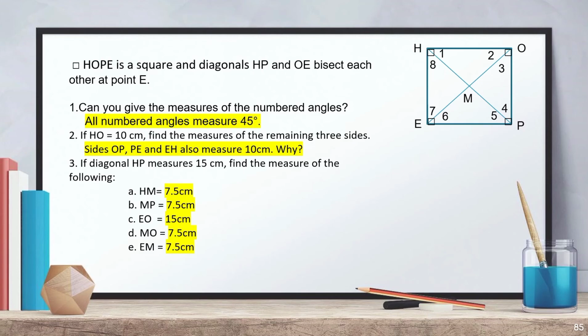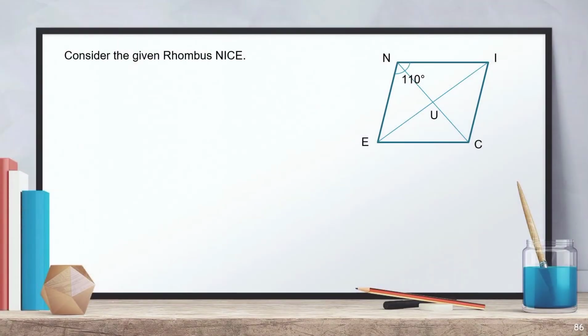Let us consider the given rhombus NICE. We have there angle N measures 110 degrees and the two diagonals intersect at point U. Can you give the measure of angle C? Angle C measures 110 degrees because in a rhombus, opposite angles are congruent.